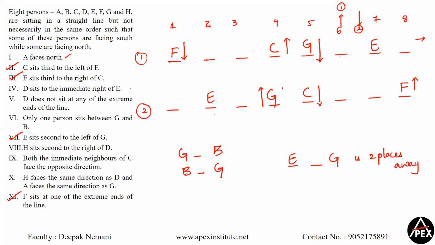D sits to the immediate right of E and D does not sit at any of the extreme ends of the line. So D cannot sit here. So D should be sitting here. And in this case, D cannot sit here. D will be sitting here. Now, can someone tell me what is the direction that E should face? 1 or 2? 2, sir. 2, because D is sitting to the immediate right of E. So E should be facing in this direction.